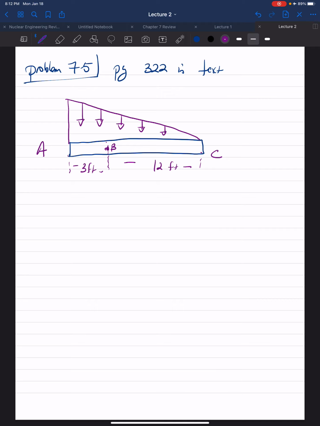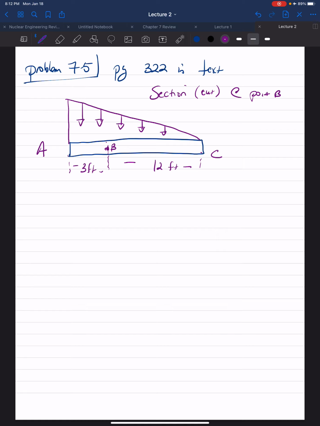So we can look at this too. We're making a section or cut at point B. If we do this, we can be left with two segments to work, either segment AB or segment BC.